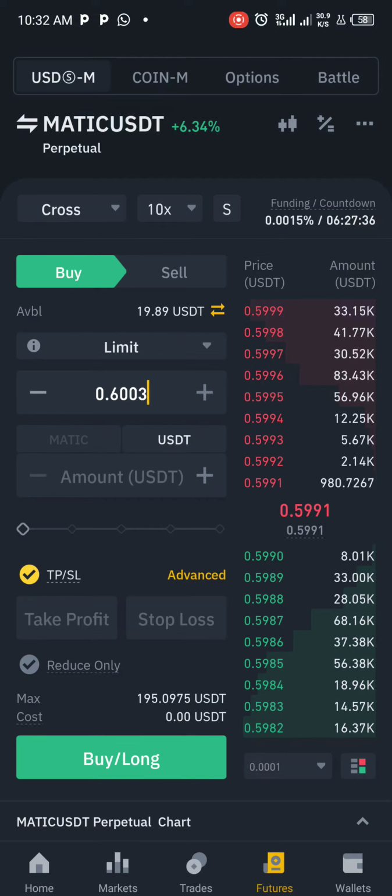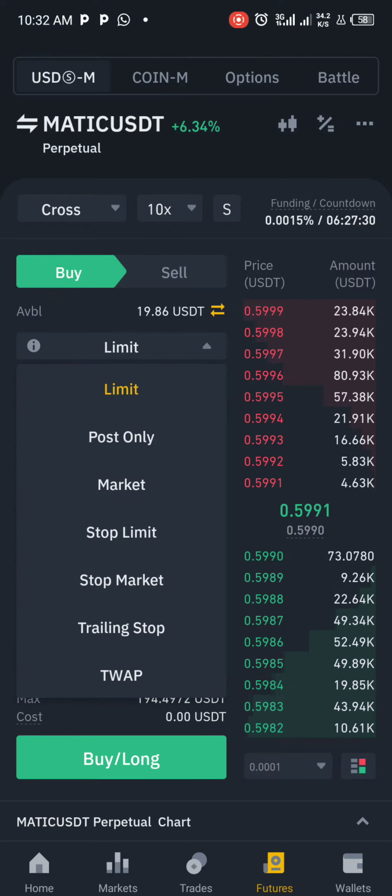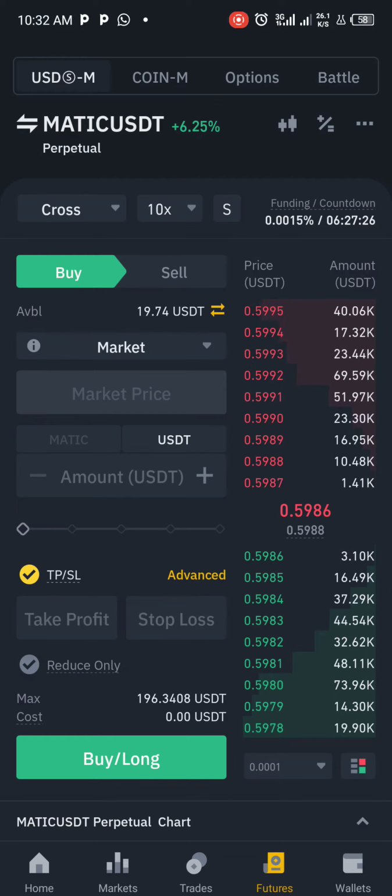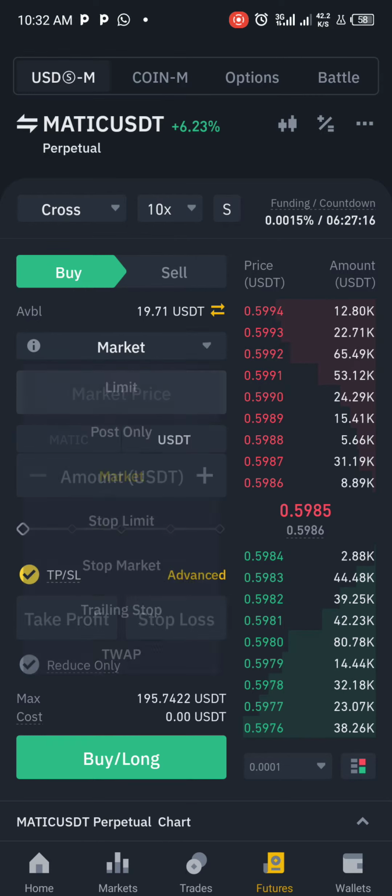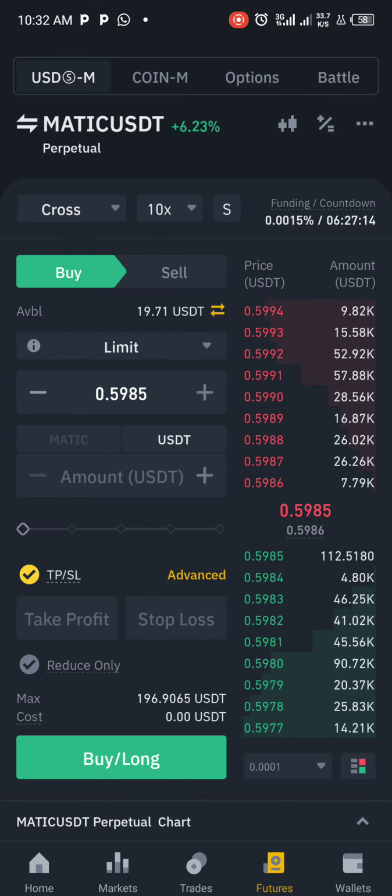But if I click on this limit and select market, it means it's going to buy at the current market price. You get? So these are the only two you need to understand now. Don't complicate things. If you want to advance more, you learn more. But this market order and limit is what you are going to make use of.